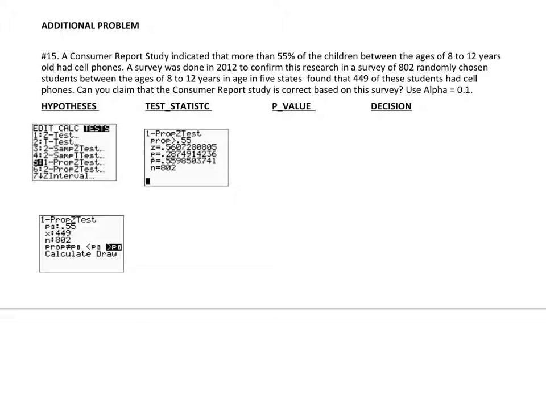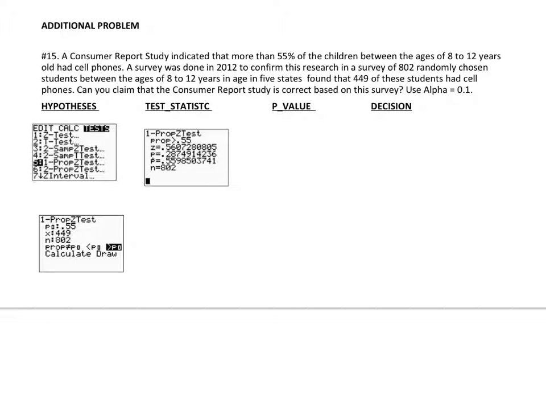So that portion of the assumptions are correct. And we can also assume that 802 children chosen out of the population is also less than 20%. So we can use the normal assumptions for the sampling distribution for p hat.